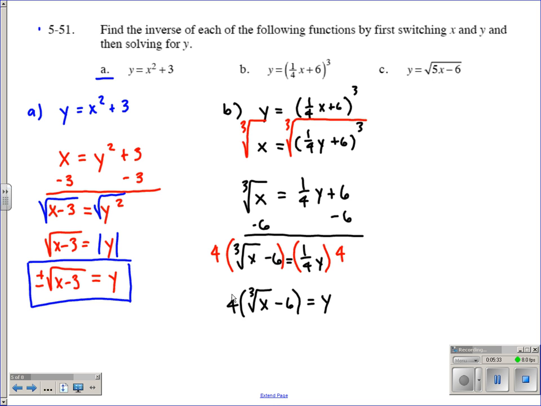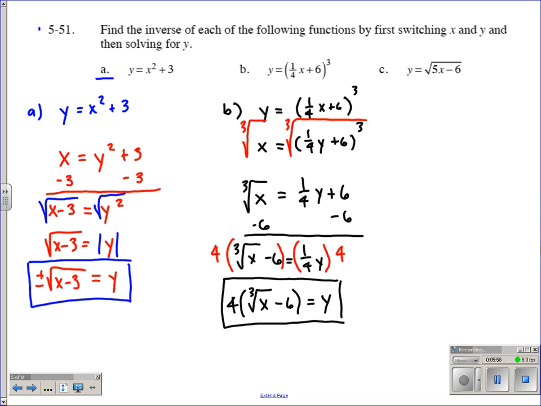Now, some people might be like, well, why don't I take my 4 and multiply everything inside by it? You can do that if you want, but it's unnecessary. We were just looking for the inverse, and this is the inverse. We don't need to go any further. So we've got letter B.